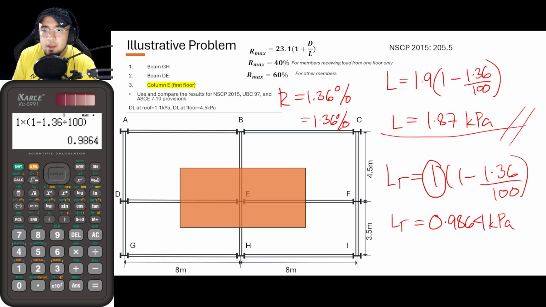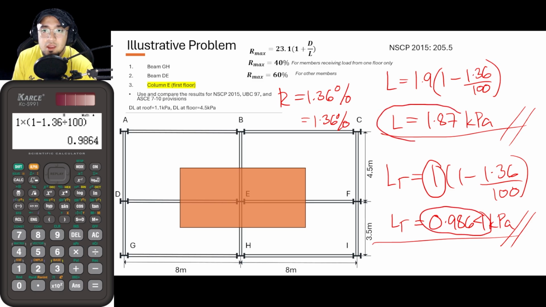Okay. So again, I just want to disclaim that if you would be making use of the Uniform Building Code, hindi po ganyan kalilit yung reduction. As you can see, parang walang kwentang nag-reduce ka pa. Basically, this is still 1 kilopascal. And basically, this is still 1.9. Parang walang epekto, no? So, with that guys, nasa next video naman po yung explanation, pero kung titignan nyo nga po, parang wala siyang kwenta.